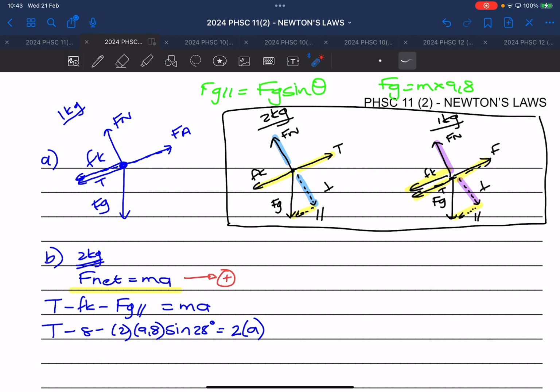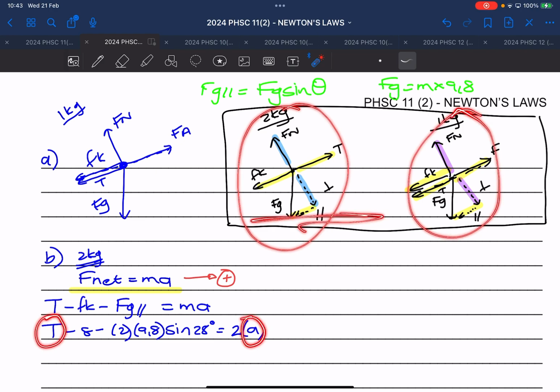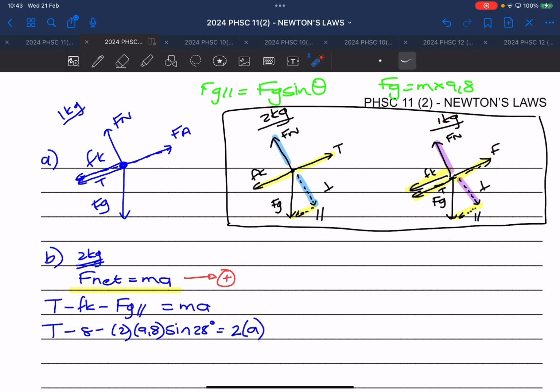Yes, simultaneous solving of equations. All right, because I have two objects and I have two unknowns for both objects. So when you get something like this and it counts 6 marks, you can somehow know you're going to have to do simultaneous substitution. Yes?